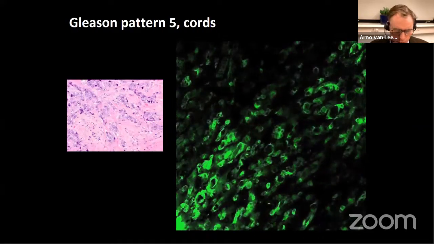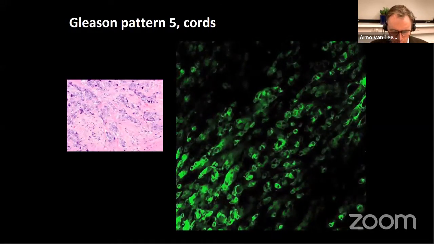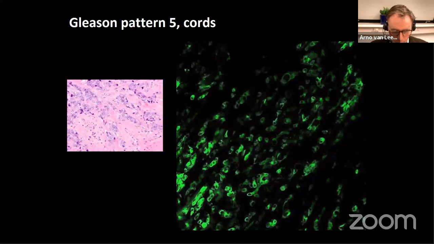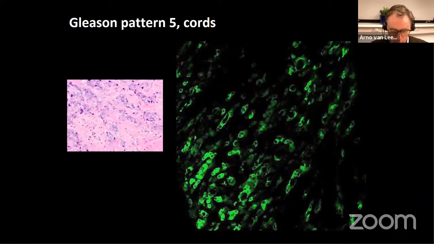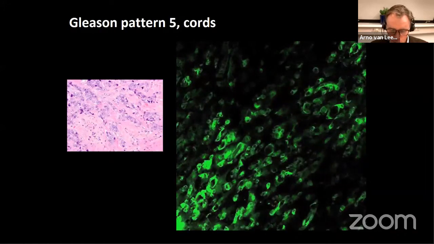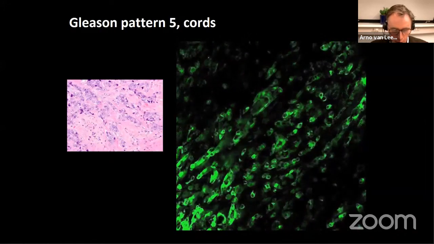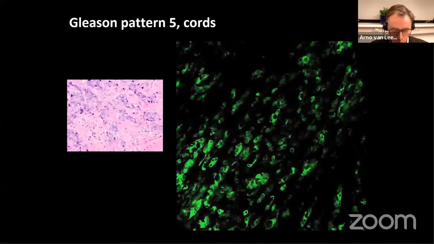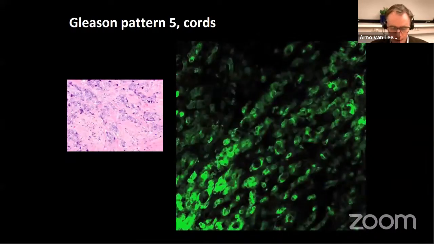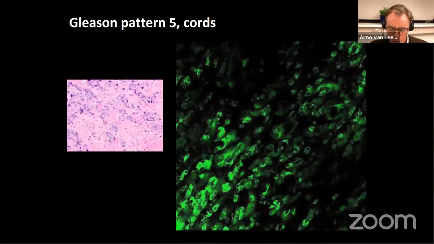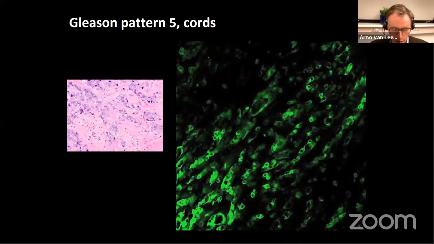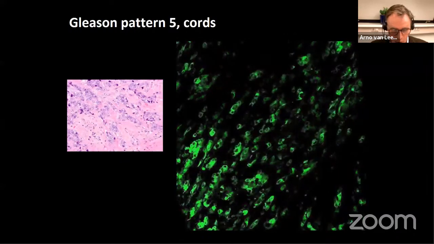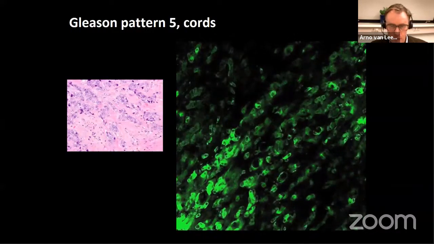Well, this is really interesting if you take some time looking at this video. What you can see is that Gleason pattern 5 cords are files of cells, but you can also see that these cords regularly open up to form an intercellular lumen and then close to become cords again. And this raises the question, where do cords end and where does ill-defined Gleason pattern 4 start, as these patterns seem to be continuous in this video.